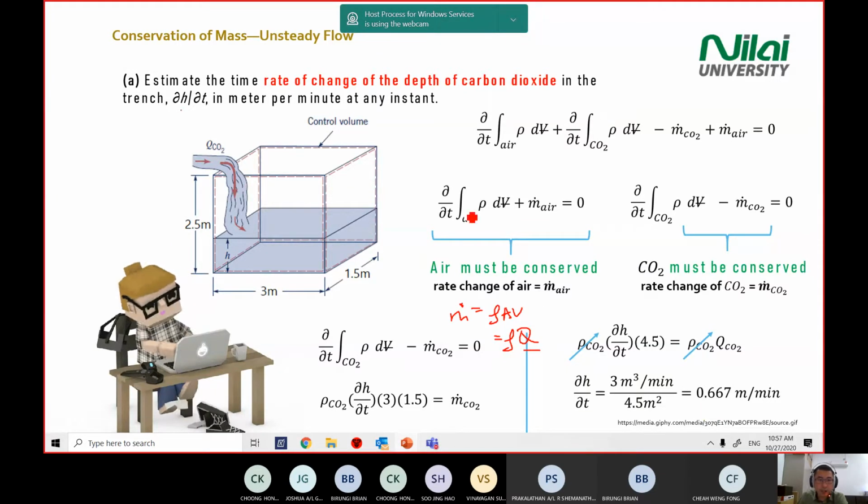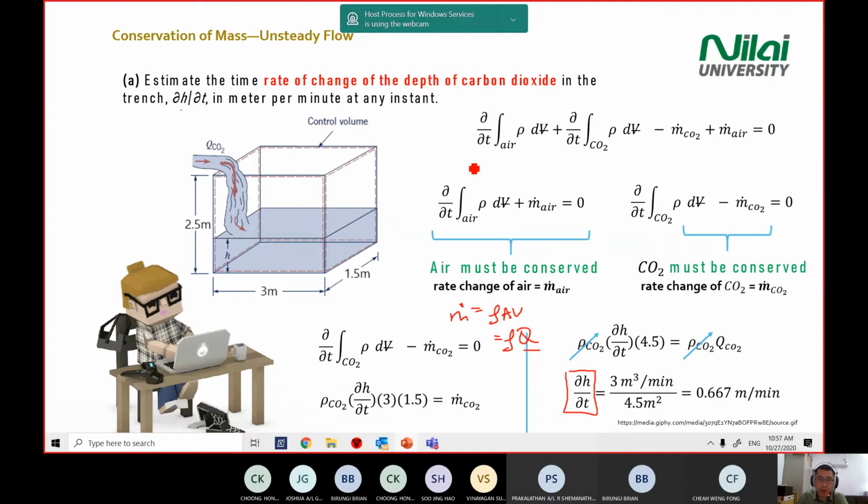All right, so we solve for the first section. We already get the relationship, the change of flooding rate, del H, means our CO2 flood the volume at the rate of 0.667 meter per minute. This relationship was developed from the continuity equation, where we break into 2 individual medium.